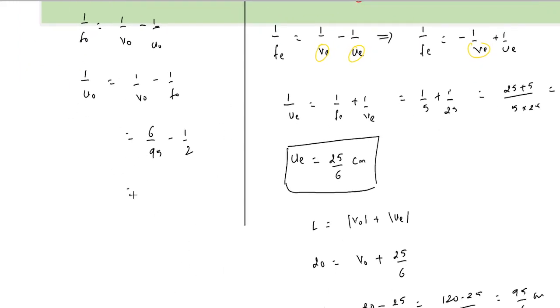That is equal to 12 minus 95 by 190, that's 1 by U0. U0 is equal to minus 190 by 83, which is minus 2.29 centimeter. Now observe the answer is negative because I haven't put the sign here.